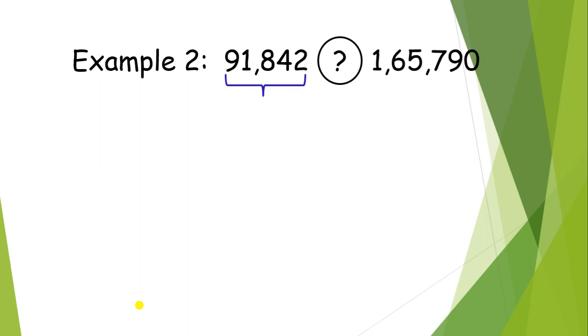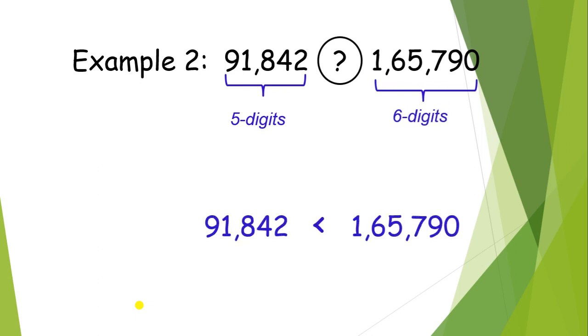In the first number there are 5 digits, whereas in the second number there are 6 digits. So you can easily compare the numbers. Here the second number is the greatest number. So we can say 91,842 is smaller than 1,65,790.